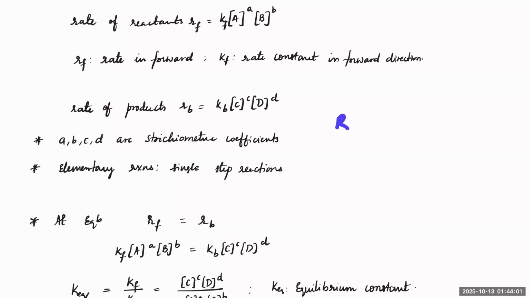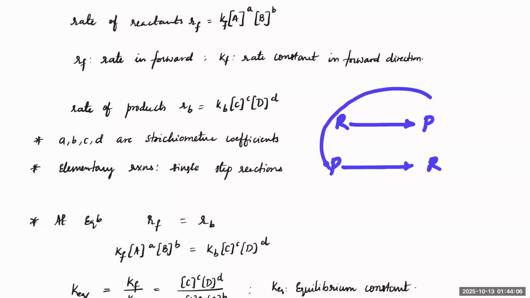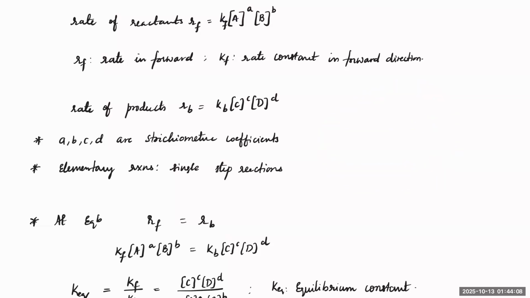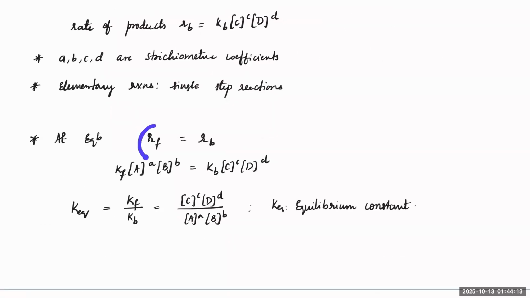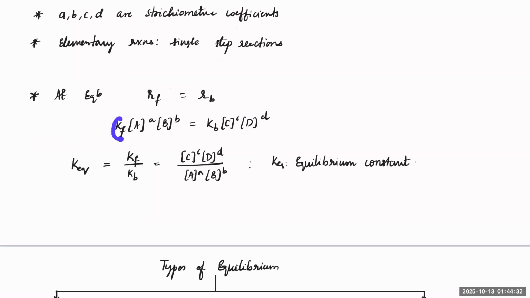So imagine if reactant to product is an elementary reaction, product to reactant is also an elementary reaction, correct? Then we can say if the rate in the forward direction becomes equal to the rate in the backward direction, then equilibrium has been achieved. At equilibrium, k forward into this is equal to k backward into this. Now you know that k forward is a constant value and k backward is a constant value.